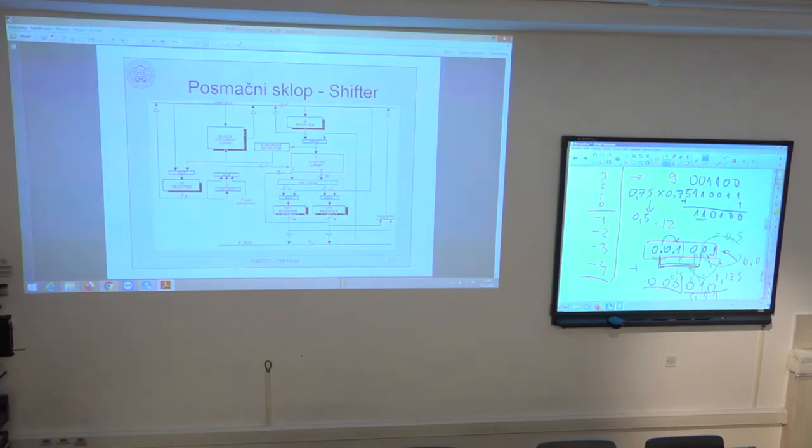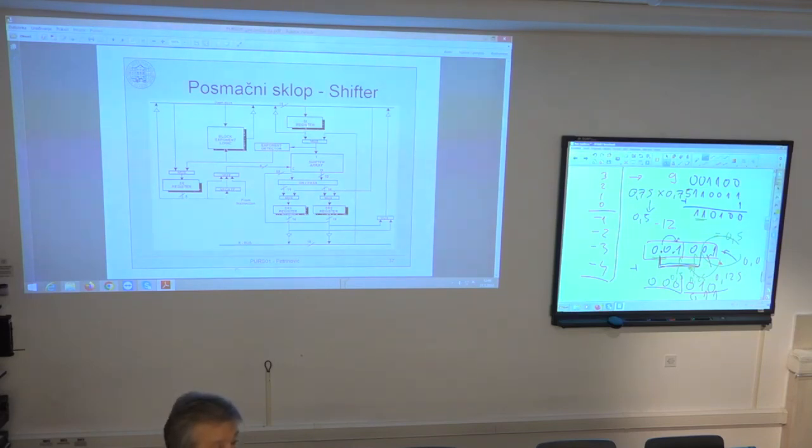And in some signal processing applications, it is usually desirable to have multiple position shifting. Maybe 3 bits to the left or 5 bits to the left, whatever.